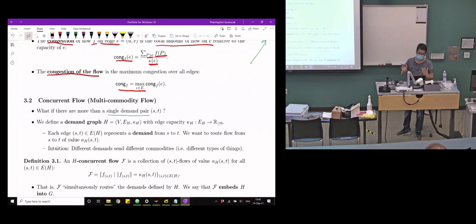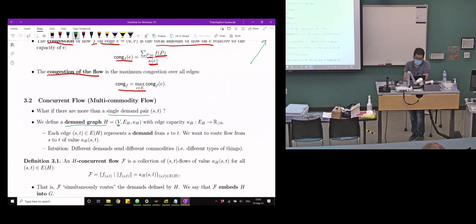How are we gonna model this? We will try to model this using a graph. So I will just define the demand graph H, all right?